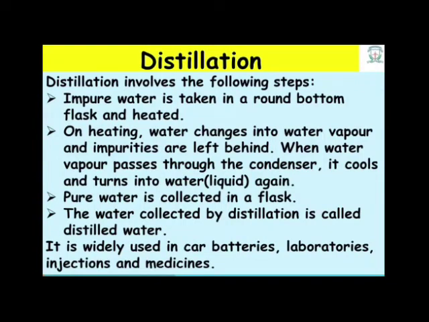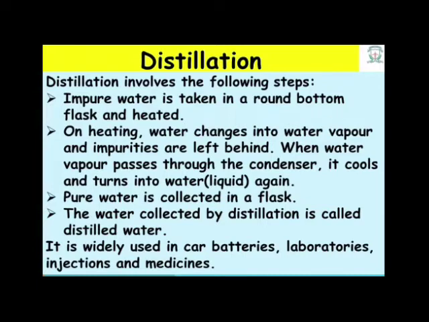Let us study about distillation. This process involves the following steps. Impure water is taken in a round bottom flask and heated. On heating, water changes into water vapor and impurities are left behind.